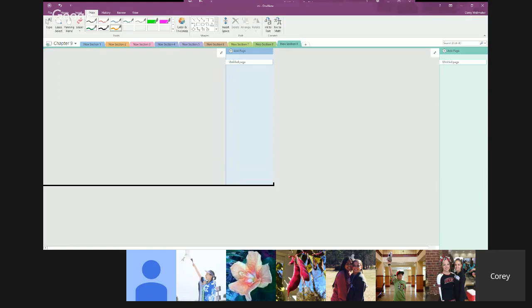Yuma is asking about calculating values when graphing the data. No, you're not going to actually have to calculate the standard deviation. You might have to calculate the average.